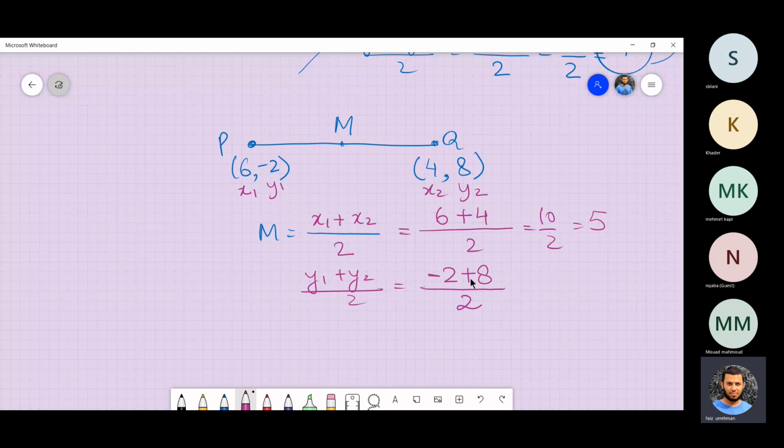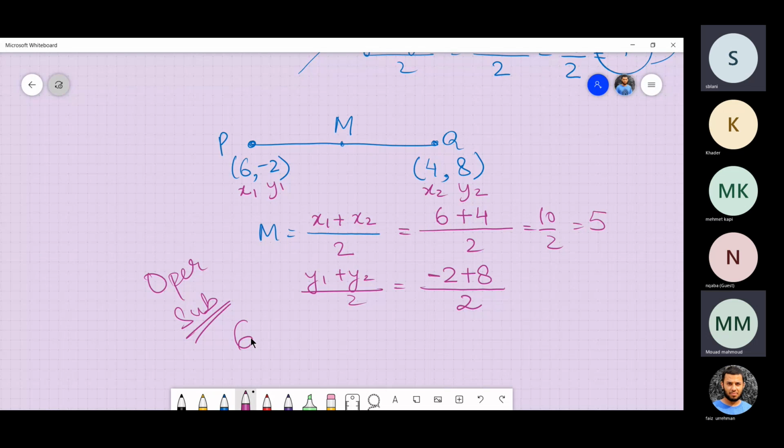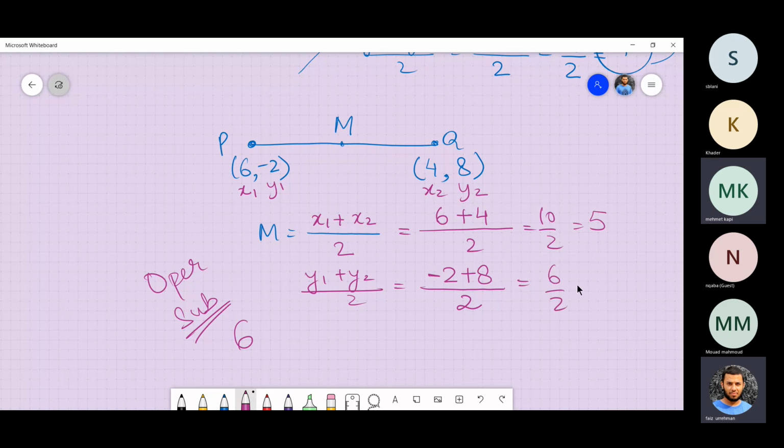So plus minus is minus, so the operation we are going to do is subtraction. 8 minus 2, how much? 6. The answer sign will be of the bigger number. What is bigger, 2 or 8? 8. So 6 will be positive or negative? Positive. So it will be positive 6 upon 2.